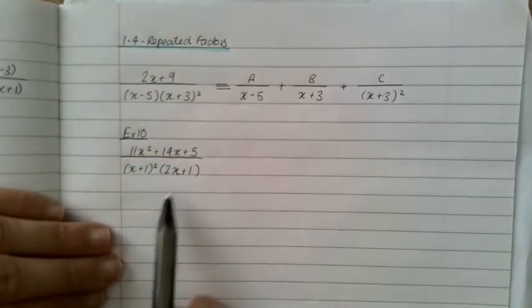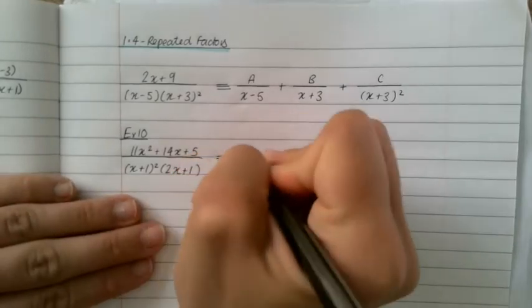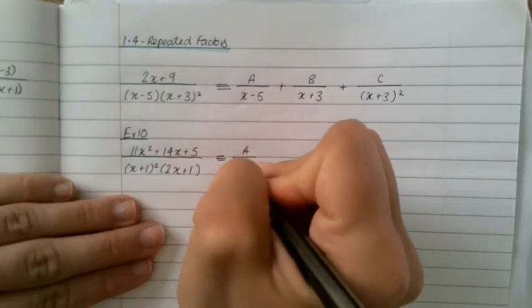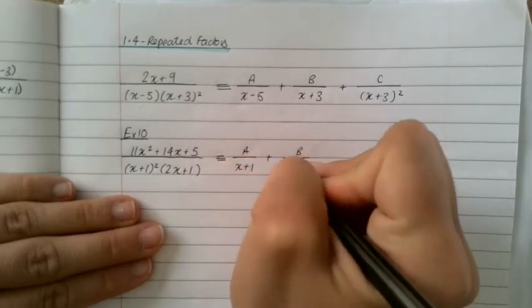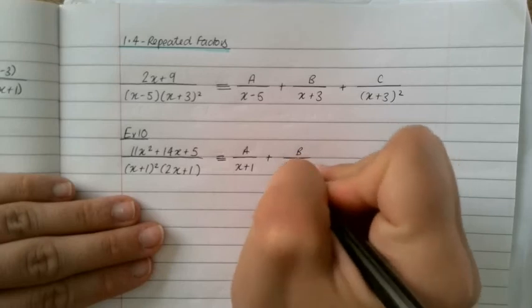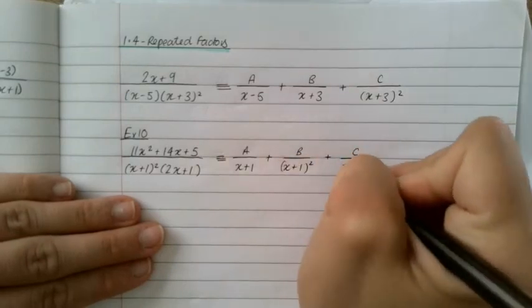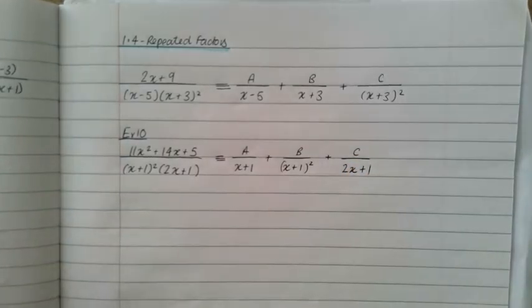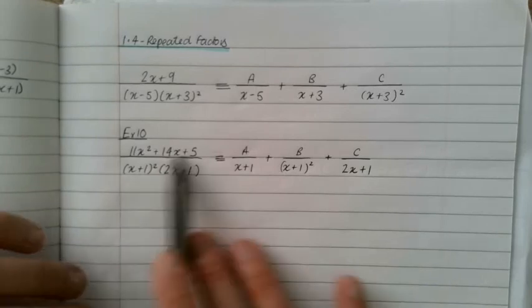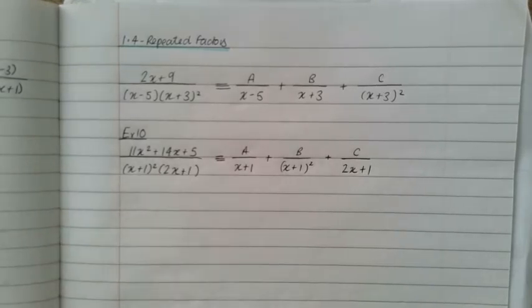To show that this fraction can be written in the form A over x plus 1 plus B over x plus 1 all squared plus C over 2x plus 1, where A, B and C are constants to be found. So they've actually given us the separation of the denominators here.